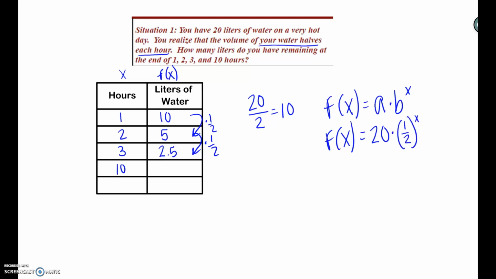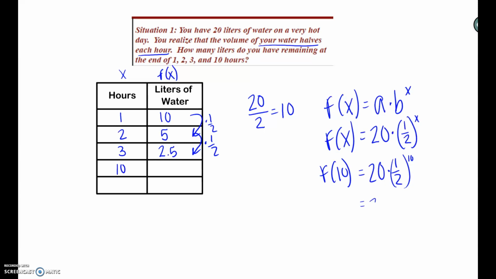Perfect. So we're trying to find after 10 hours, so we're going to substitute a 10 in for x. So we have 20 times 1/2 to the 10th power. This is definitely a problem that I would recommend putting into the calculator from here.